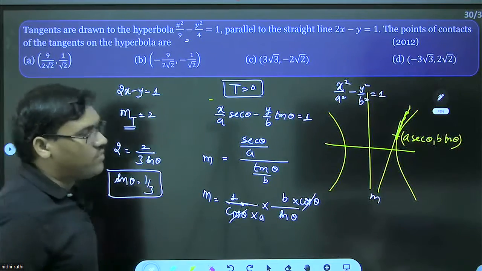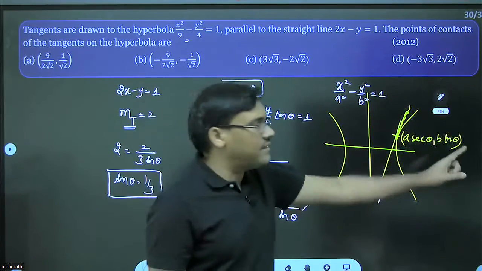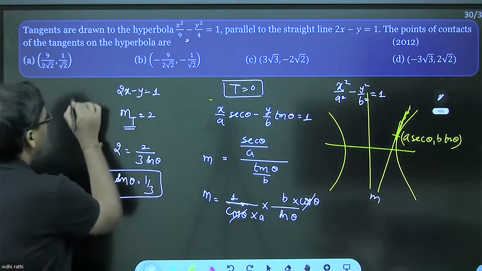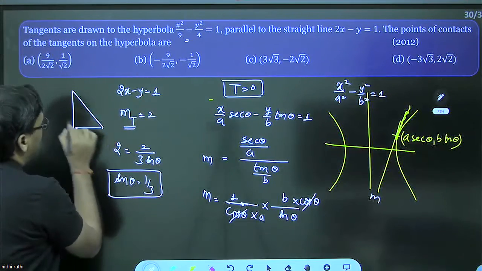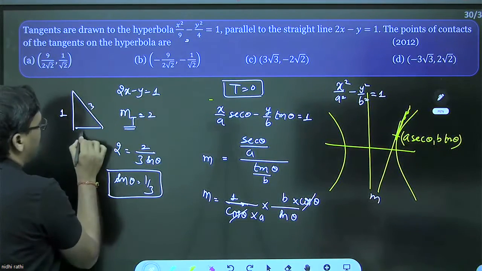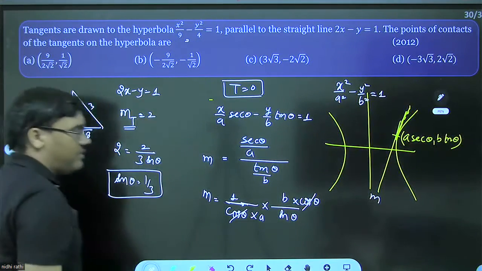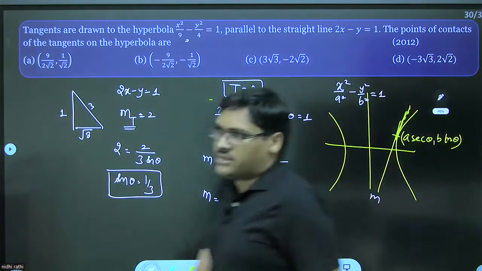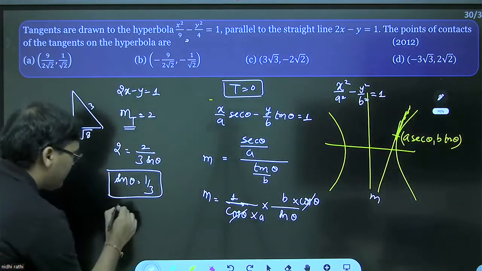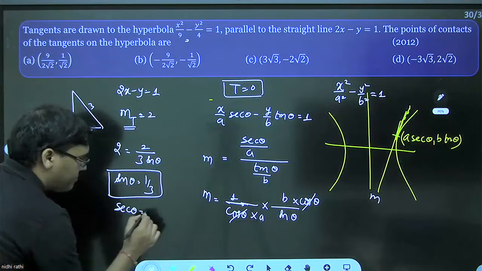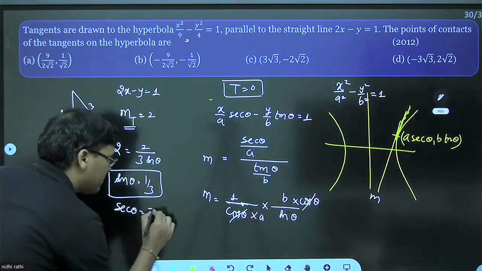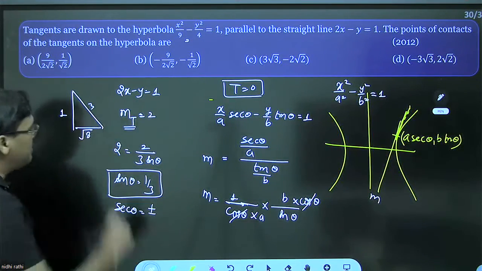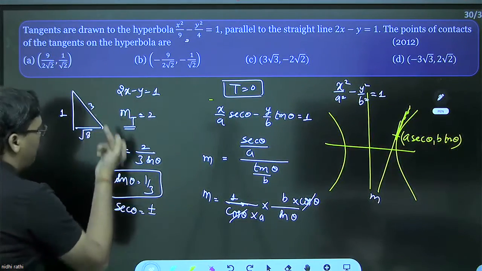Now, if sin theta is equal to 1 by 3, what is tan theta and sec theta? You can see this is 1, 3, this is root 8, right? You can make a triangle and solve it. So what is sec theta? You can see sec theta will be equal to plus minus hypotenuse.